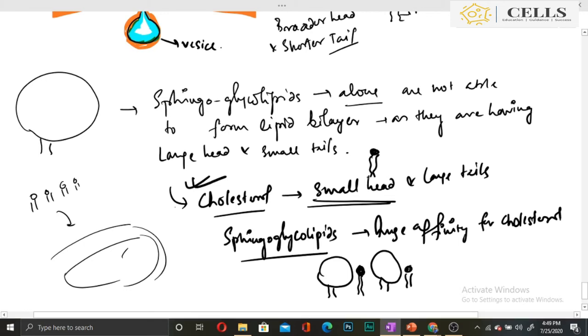Cholesterol and sphingoglycolipids have a huge affinity for each other because structurally they complement each other, so that the total binding efficiency in a bilayer form is perfect. That is the main concept. So sphingoglycolipids have higher affinity for cholesterol, and if these two are present, then they can form a bilayer.